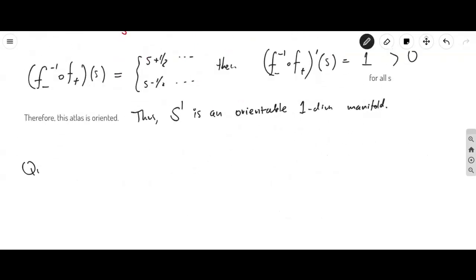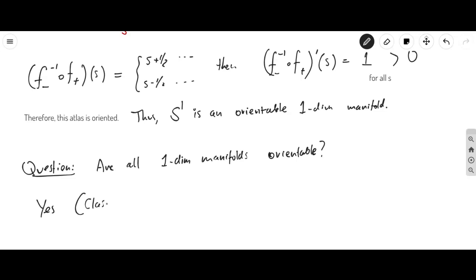Actually, an interesting question you can ask: are all one-dimensional manifolds orientable? And the answer is yes, because we have something called the classification theorem.